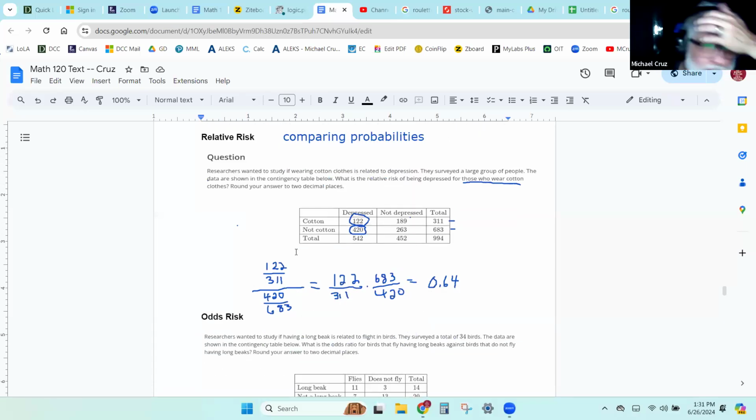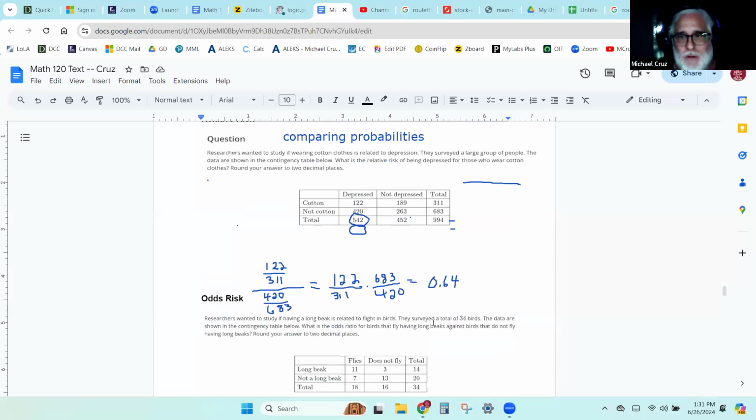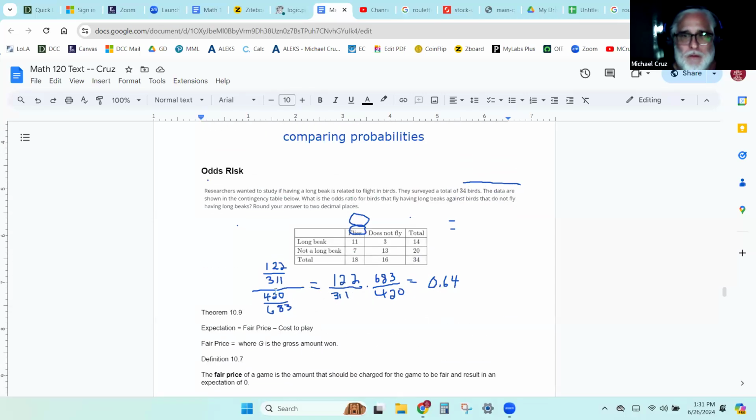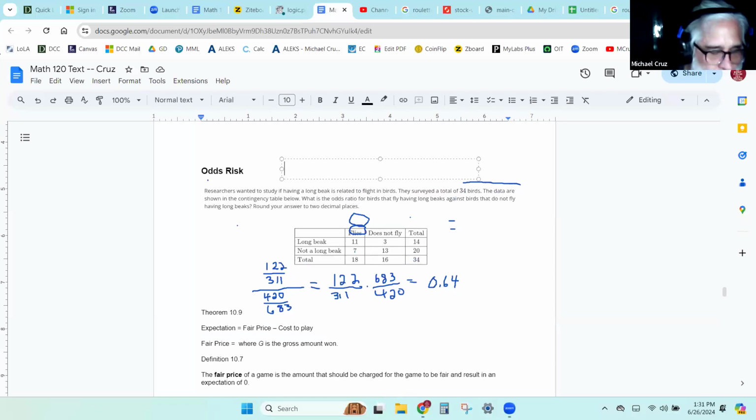And then the odds ratio is slightly different. Rather than probabilities now, we're going to do it as odds.